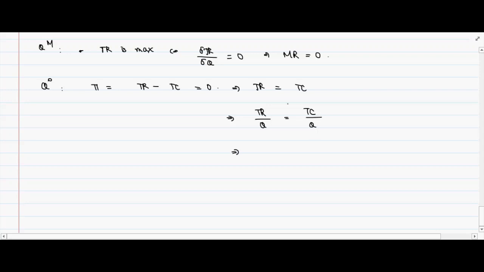Now, we know that total revenue divided by Q gives me the average revenue, and total cost divided by total quantity gives me average cost. So at the point where average revenue is equal to average cost, the profit is equal to 0, and that is at the quantity Q0.